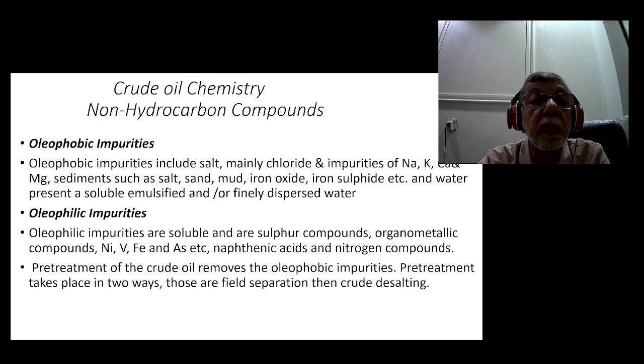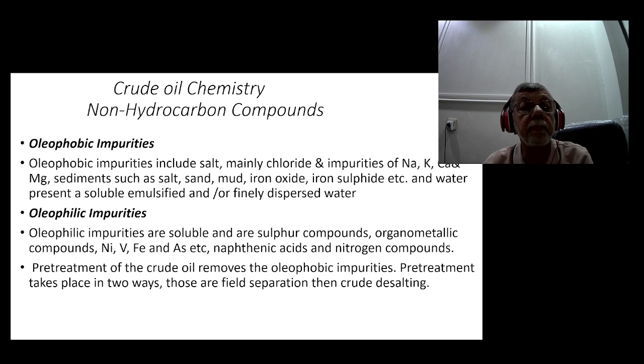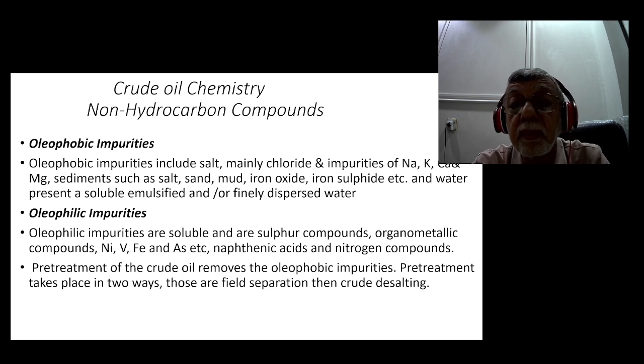So we come to the non-hydrocarbon compounds. These non-hydrocarbon compounds are also classified into two groups: oleophobic impurities and oleophilic impurities. Oleophobic impurities dislike oil and only like water, including salt, mainly chloride salts, either sodium chloride, potassium chloride, calcium chloride, and magnesium chloride, in addition to sediments such as sand, mud, iron oxide, iron sulfide, and water present insoluble, emulsified, or finely dispersed.